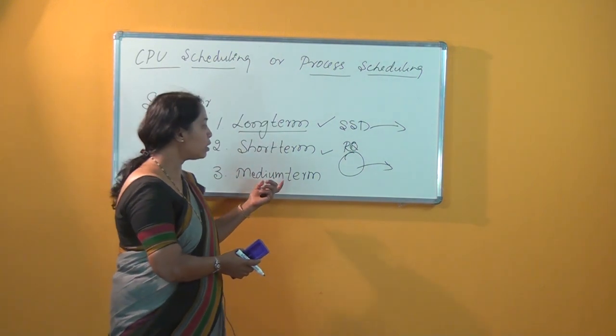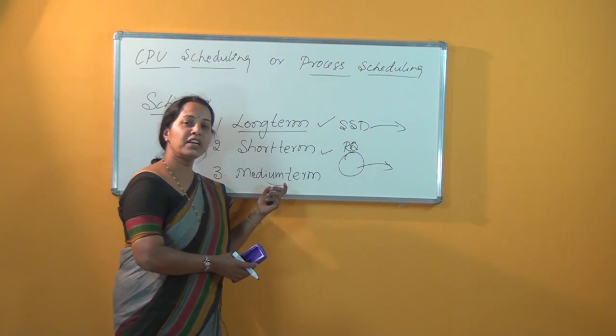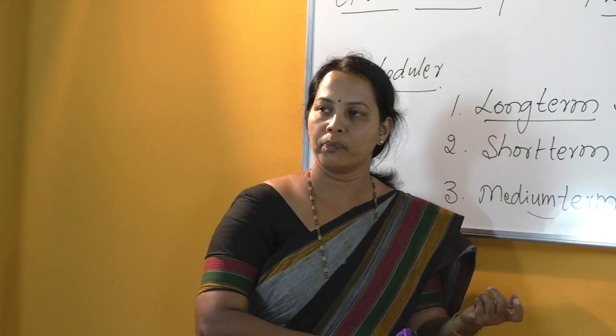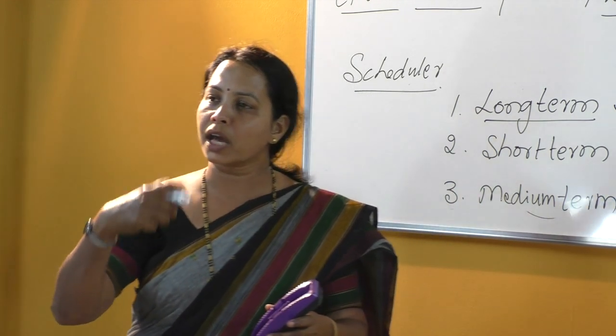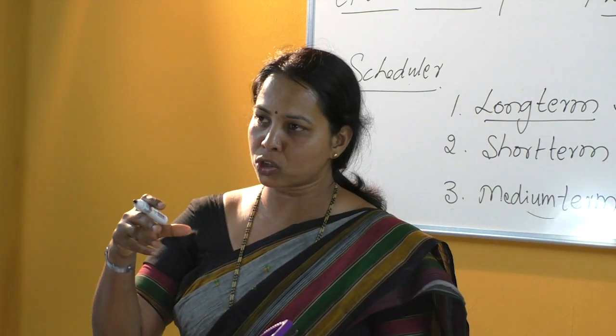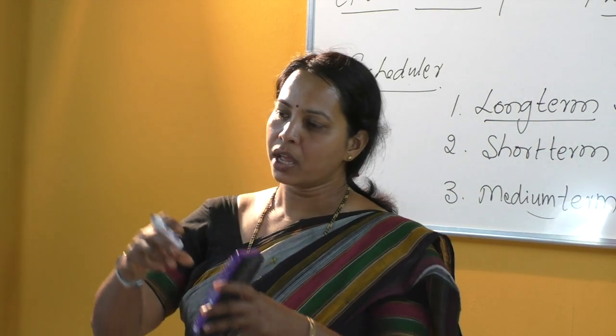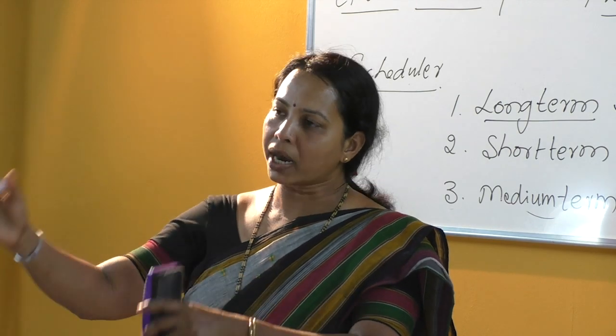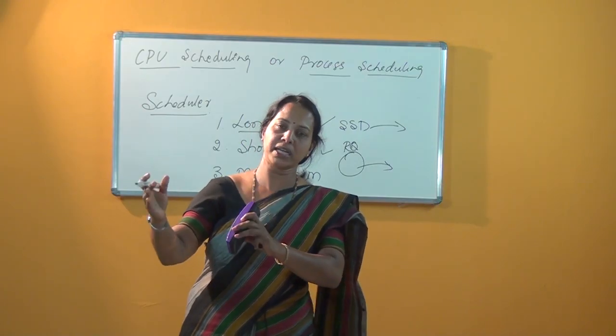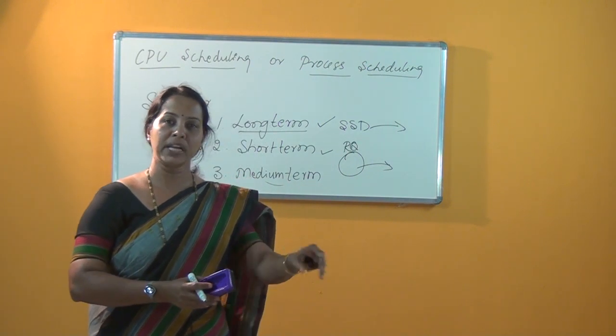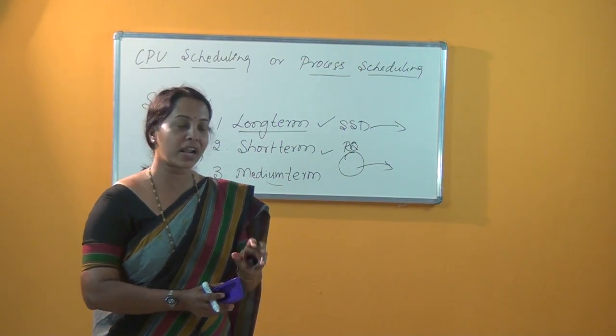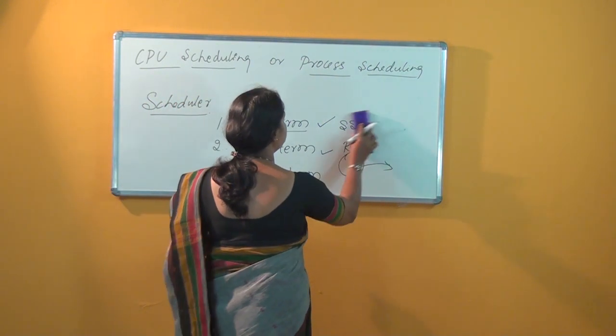The medium term scheduler performs that job, removing the process which is not in use from the memory and sending it back to the hard disk, and from the hard disk the needed process will be brought into the internal memory. This is called swapping.